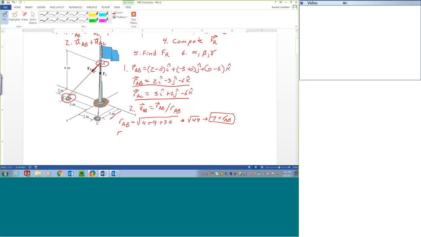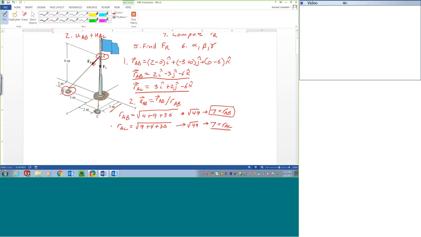And for RAC, the square root of 9 plus 4 plus 36, squaring each of these, goes to the square root of 49 as well. 7 equals the magnitude of RAC.